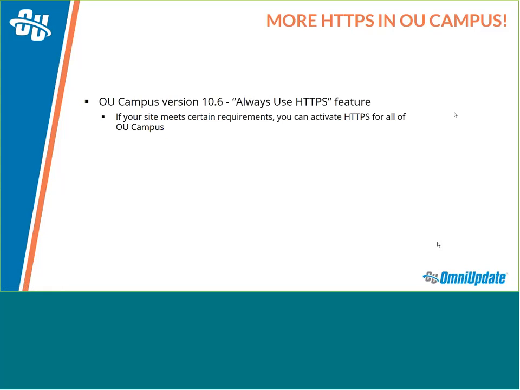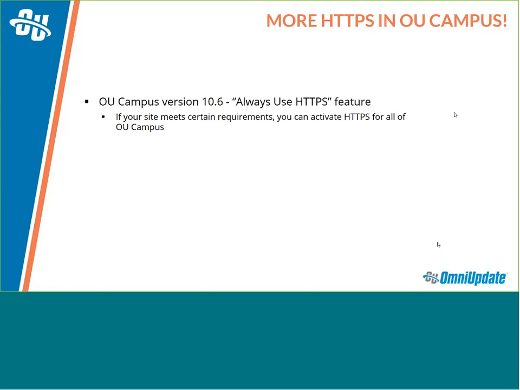what happens in OU Campus now is that some pages inside of OU Campus use HTTPS, like your site setup information, anytime you have a username or a password or an account or anything like that that you would be able to view or edit. Those pages right now are being served over HTTPS, but not necessarily all of your pages. If you're just in the pages list view or on the dashboard, by default that still uses HTTP in OU Campus right now.